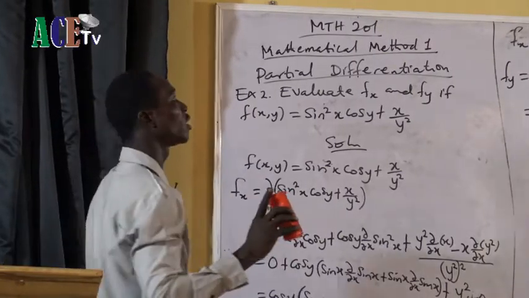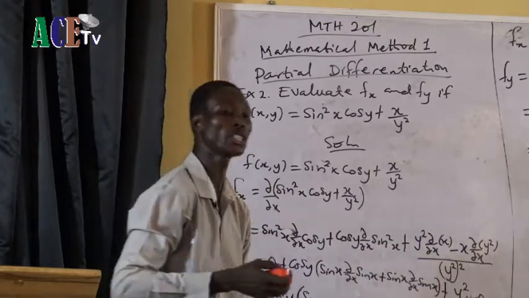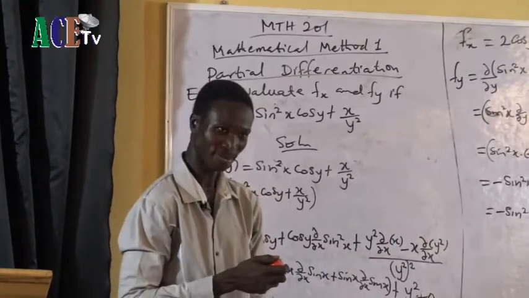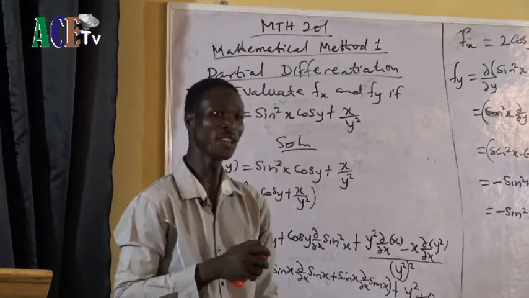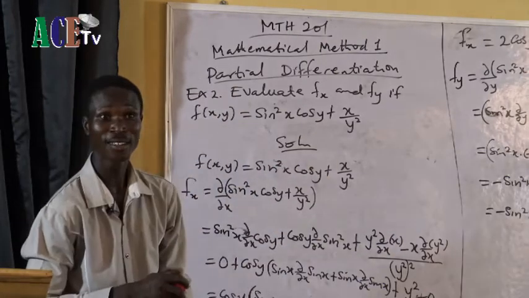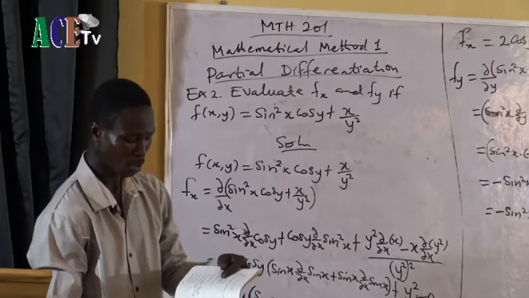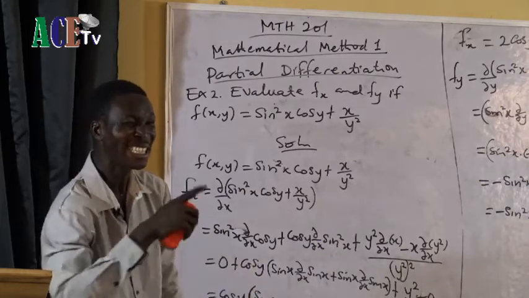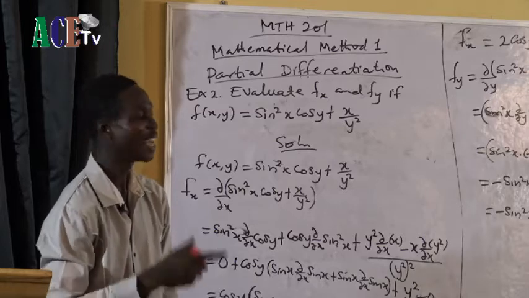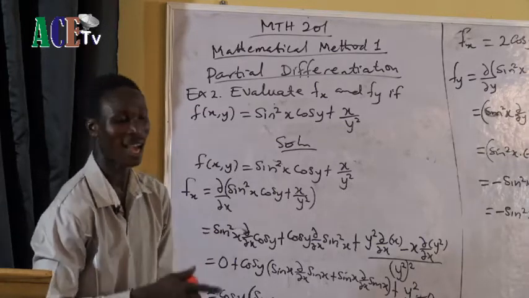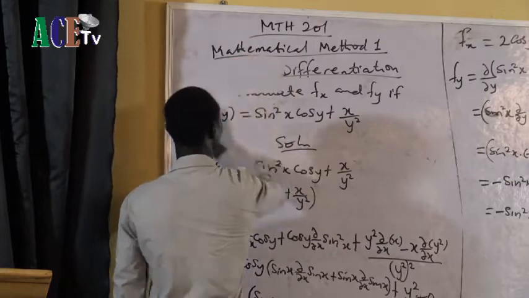Now, the same way you consider higher derivatives in ordinary differentiation, we can do it in partial differentiation. Higher differentiation of a function, we can do it in partial differentiation. And that is the next thing we want to consider: higher partial derivatives.